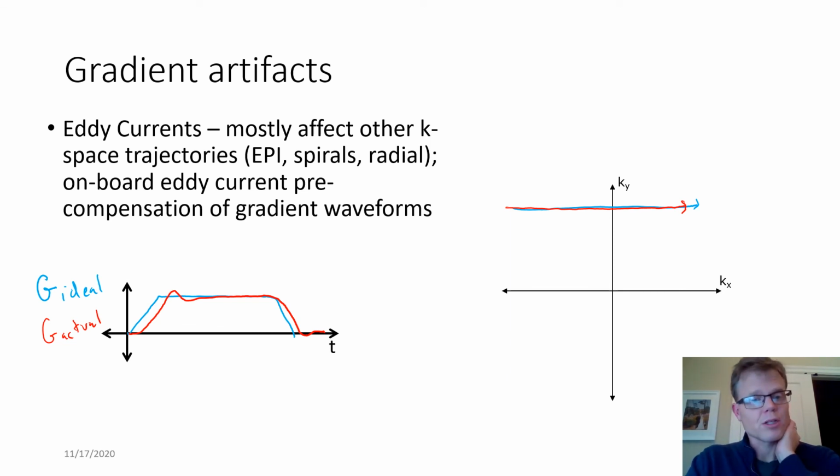This turns out to be a much larger problem for fast imaging trajectories like echo planar imaging that we'll talk about in a couple of weeks, as well as non-Cartesian trajectories like spiral or radial imaging. And the corrections that are built into the scanners, the so-called eddy current precompensation, are based on measurements of these, and these are generally pretty good.